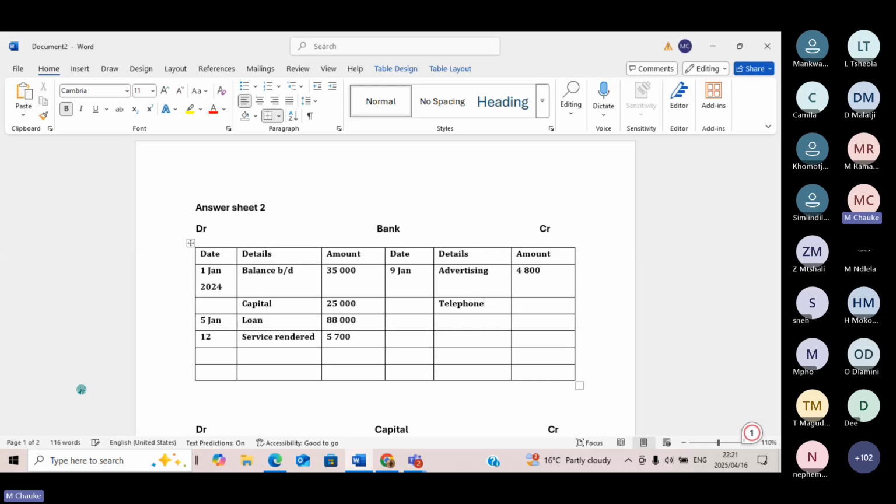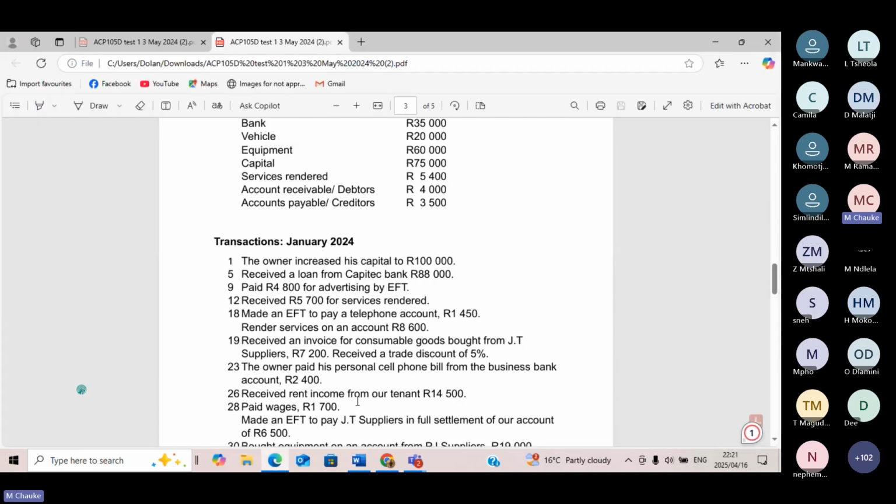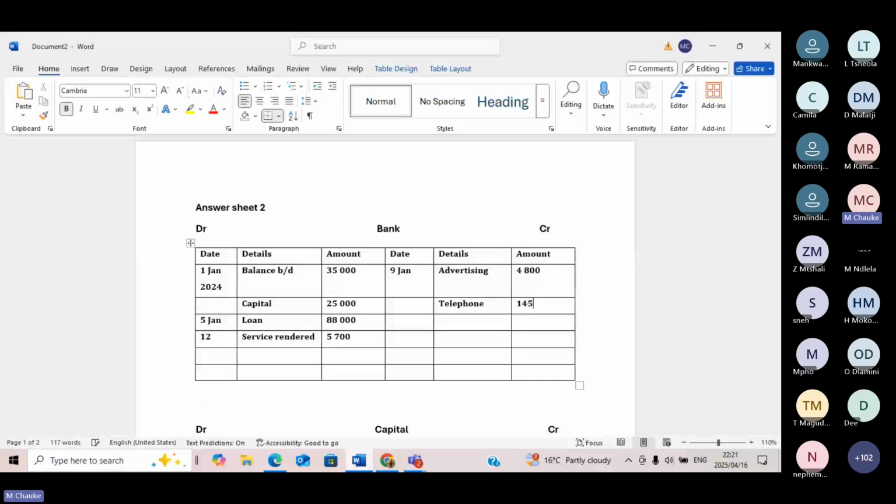Let's check the question right there. How much did you pay? You paid 1,450. So it's going to be 1,450. And then you go to the telephone account down there.